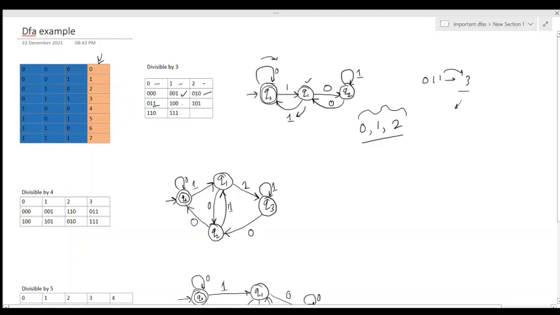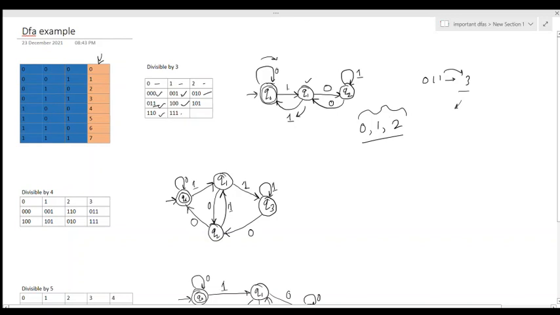Now this value is checked. For the value 1 1 0, if we start with Q0 and take 1, we stay in Q0... then take 0, so this value also verifies. Now 1 0 0: from Q0 take 1 to Q1, then 0 to Q2, and from Q2 another transition on 0, so 1 0 0 is also recognized.